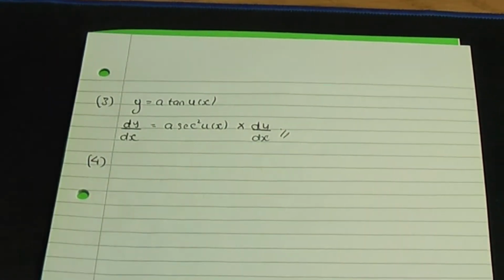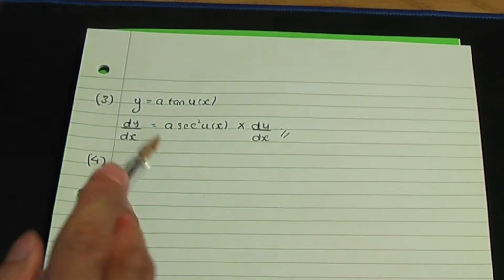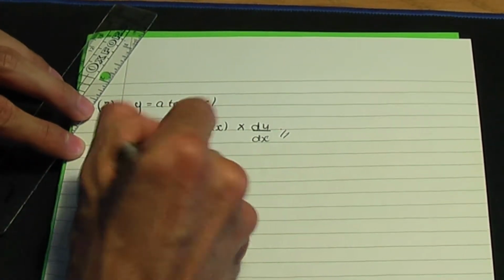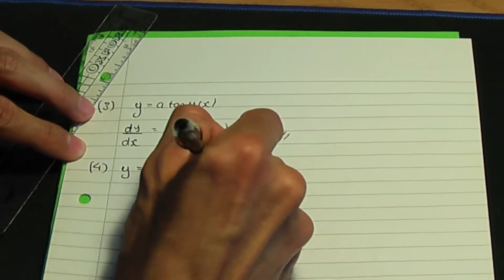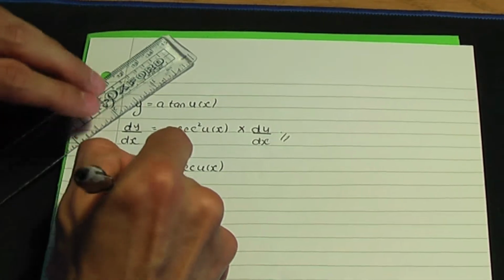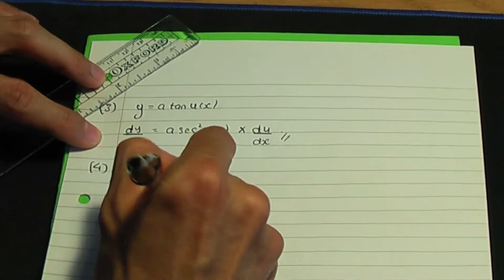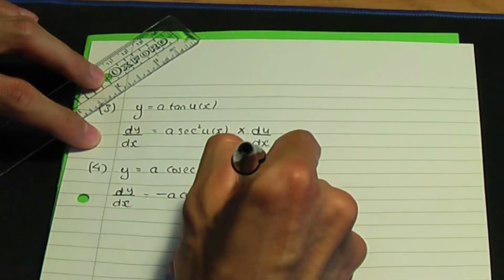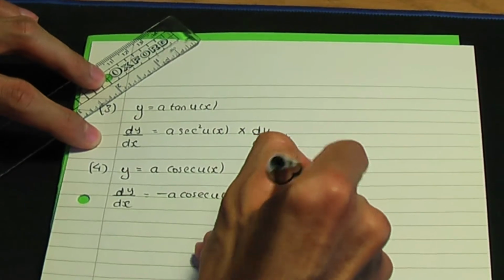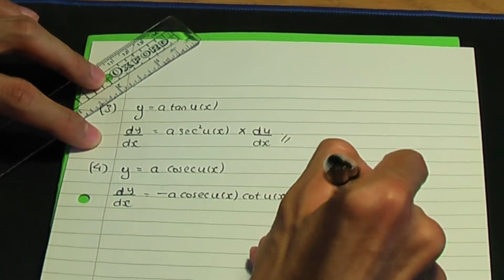Result 4, again based on the standard derivatives and the chain rule: if y is equal to a cosec ux, dy over dx will be minus a cosec ux cot ux times du over dx.